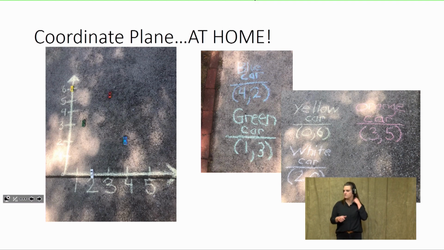And then I had my children tell me where the cars were located. So the green car, if you can see well, we start at the origin. My children moved over on the x-axis 1 place and up 3. And when you do that, origin, over 1, up 3, there's the green car. And so we did that with just some cars that my children had at home.